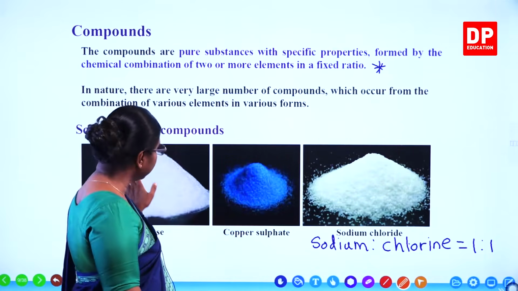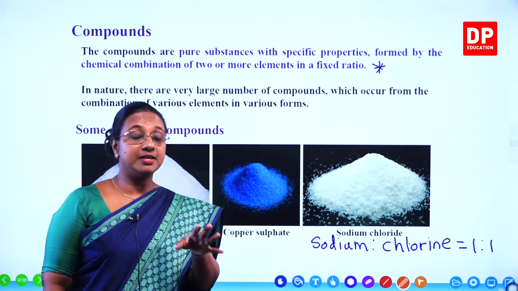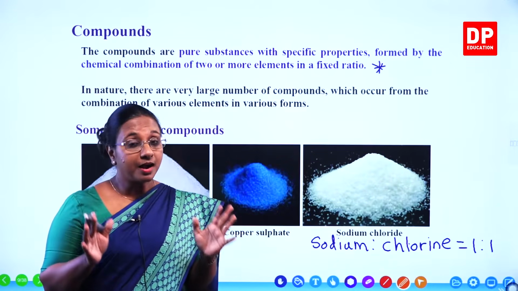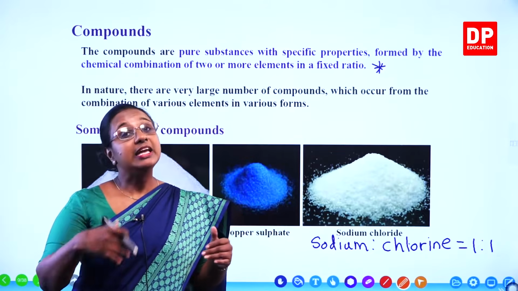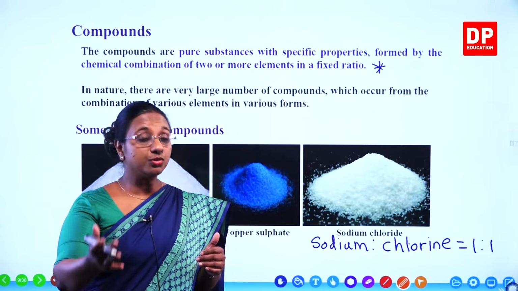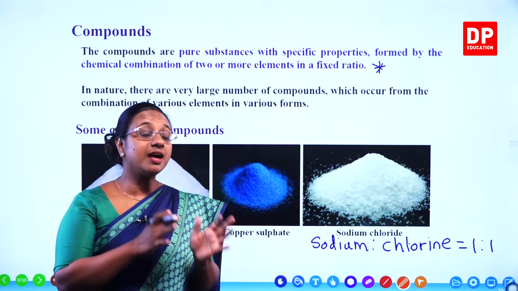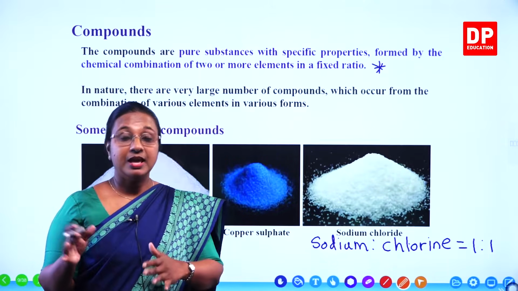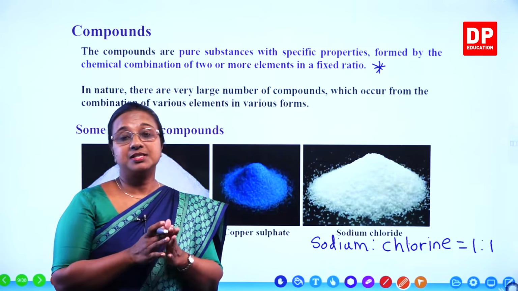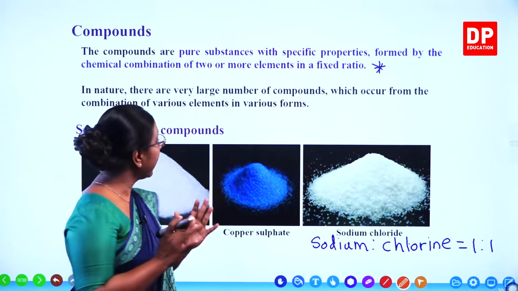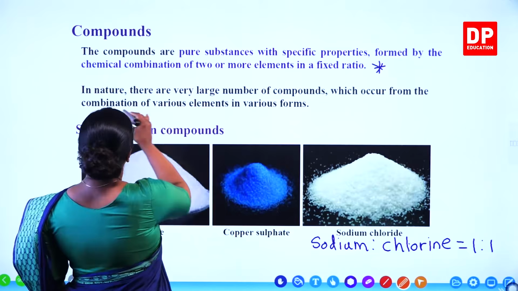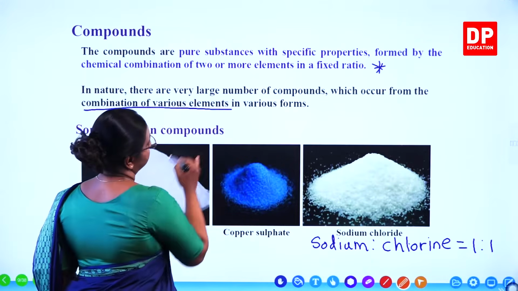Now, I said in glucose there is carbon, hydrogen and oxygen. Carbon, hydrogen and oxygen can combine in many ways. Even sugar, that is sucrose, also has carbon, hydrogen and oxygen. And there are many other substances that have carbon, hydrogen and oxygen. So, they can combine in various forms.